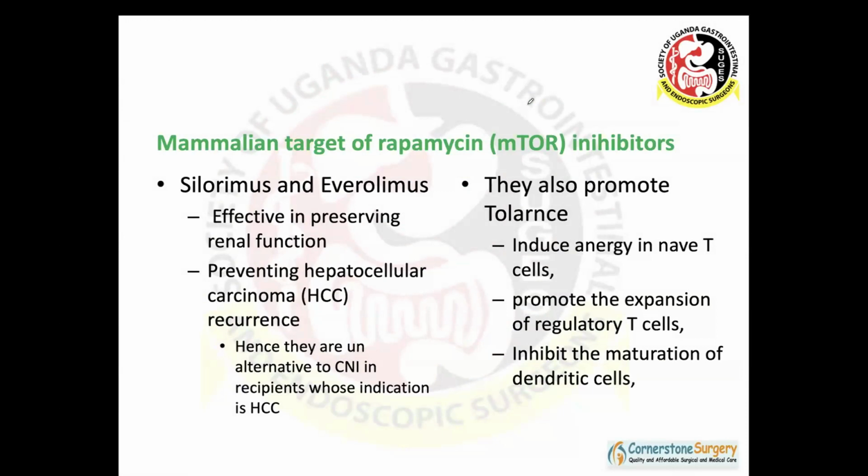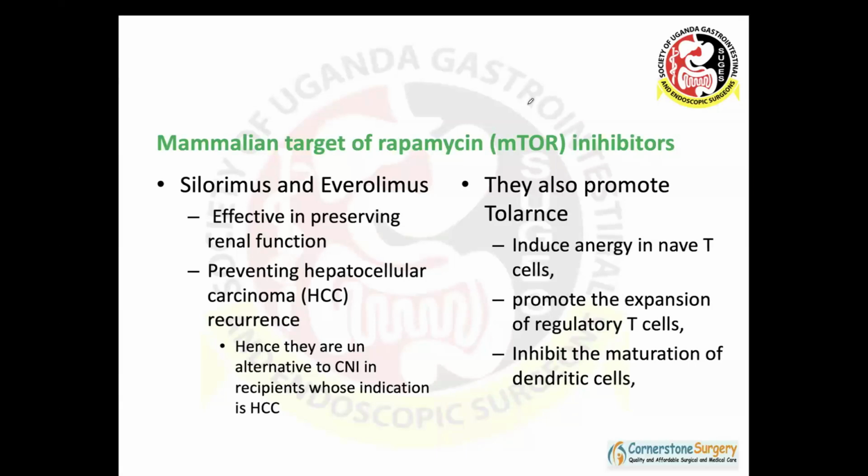And these ones are the new ones, the mTOR inhibitors. They are new for one reason. It was discovered that these can replace the role of calcineurin inhibitors, especially if the indication for the transplant was HCC. Because calcineurin inhibitors have been found to have a likelihood of initiating malignancy, especially HCC.